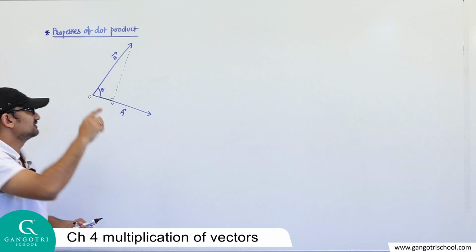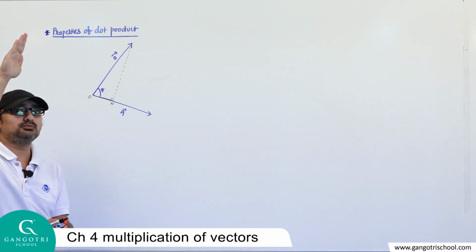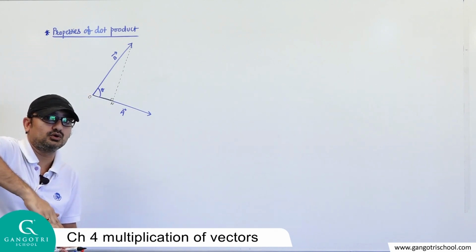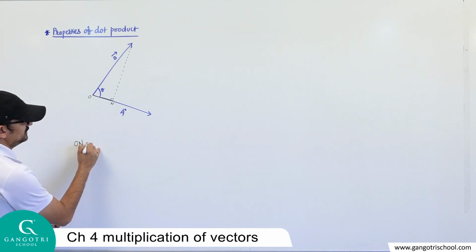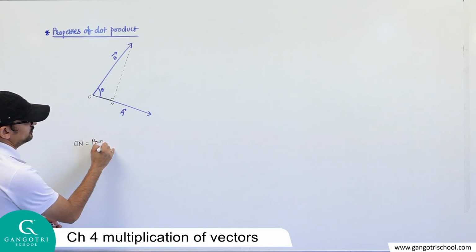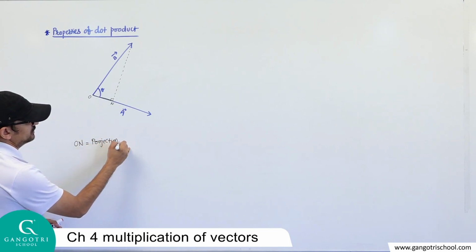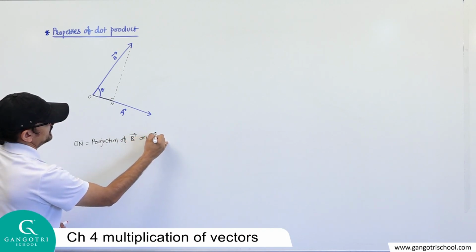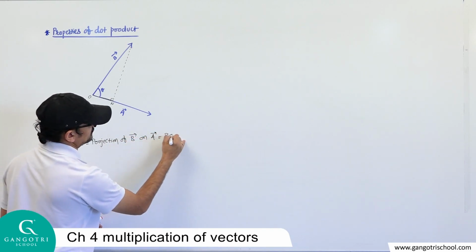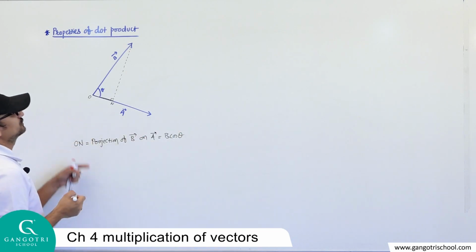It means that this ON is the component of vector B along A. So here ON is the projection of vector B on A, and that is equal to B cos theta. How did it come?